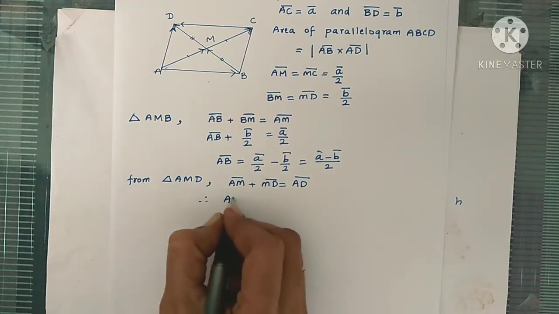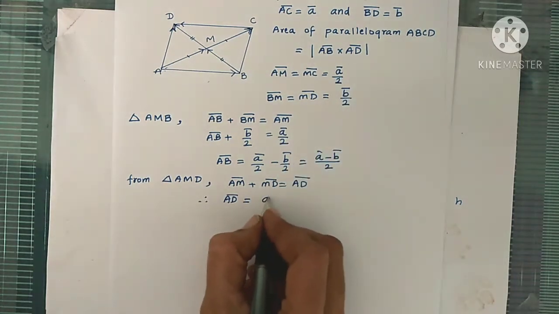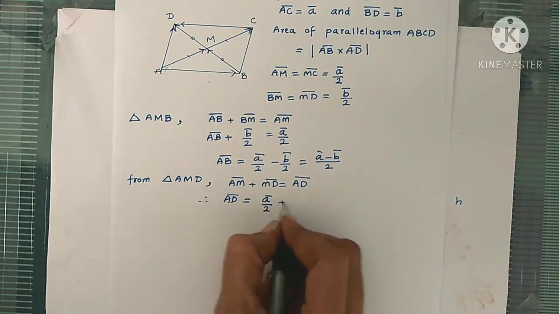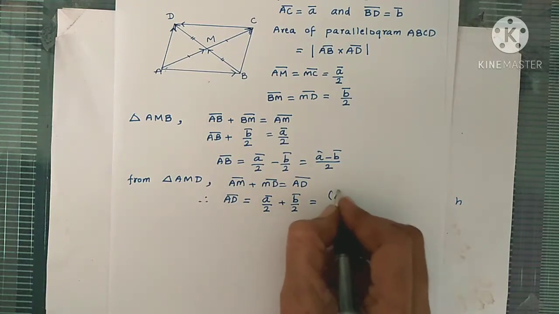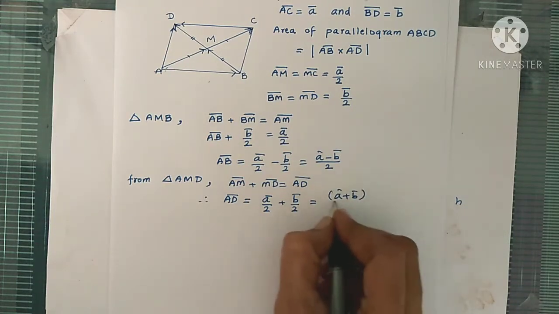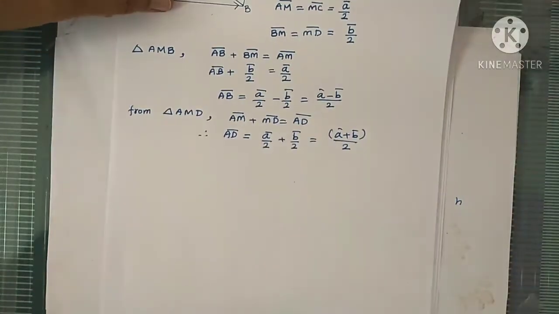Therefore AD bar is equal to, now AM bar is A bar upon 2 and MD bar is B bar upon 2, so AD bar becomes A bar plus B bar upon 2. Now let's substitute in the formula.